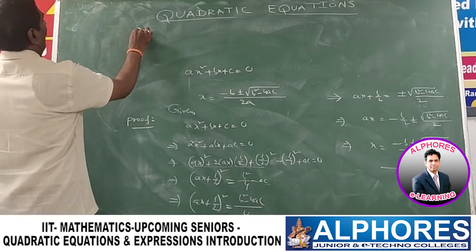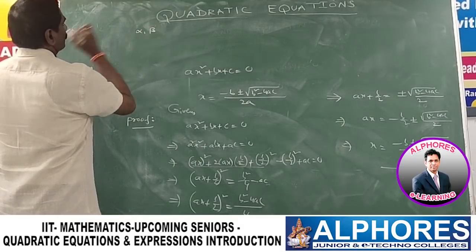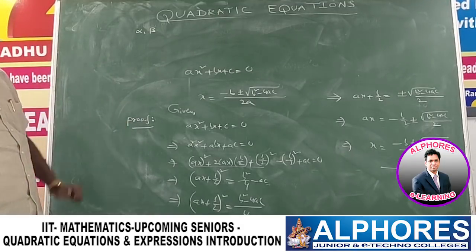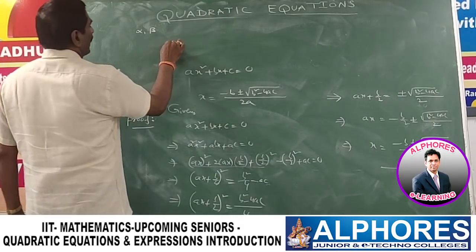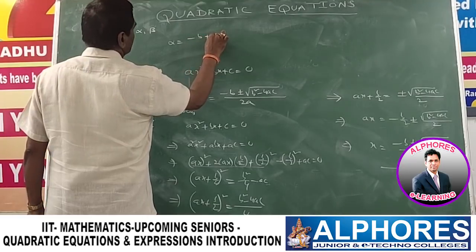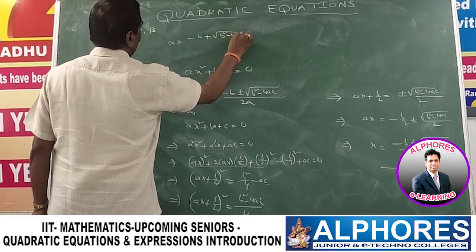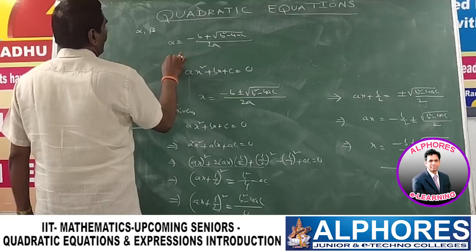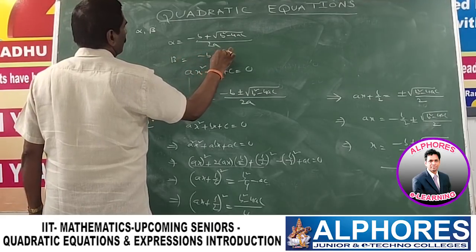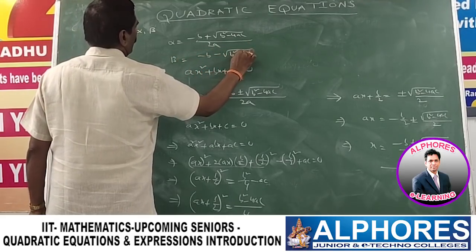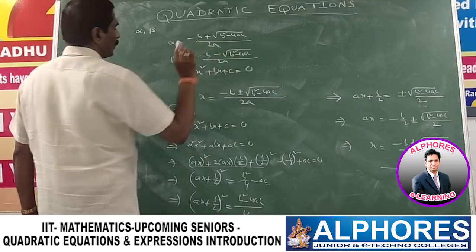Next, suppose alpha, beta are the two roots of this quadratic equation. Then alpha is equal to minus b plus root over b square minus 4ac by 2a and beta is equal to minus b minus root over b square minus 4ac by 2a.